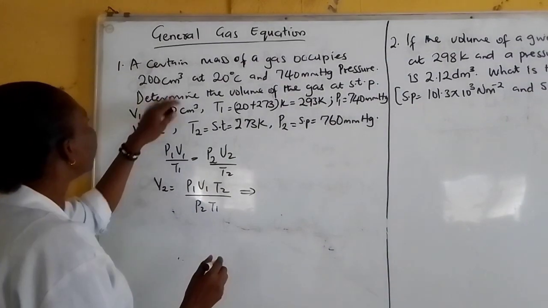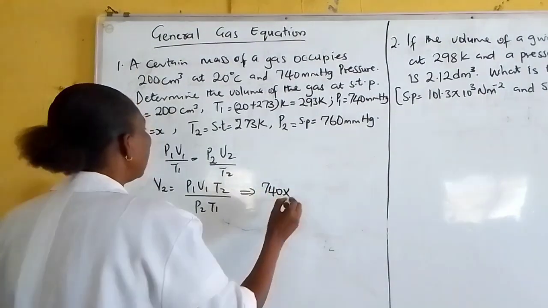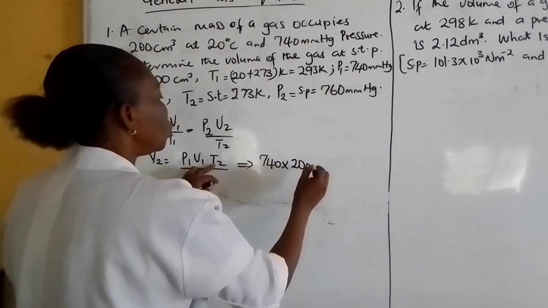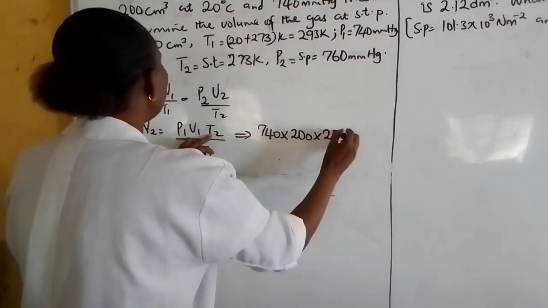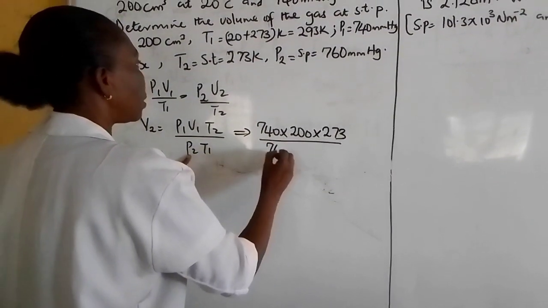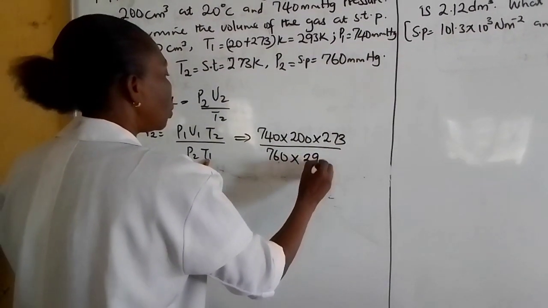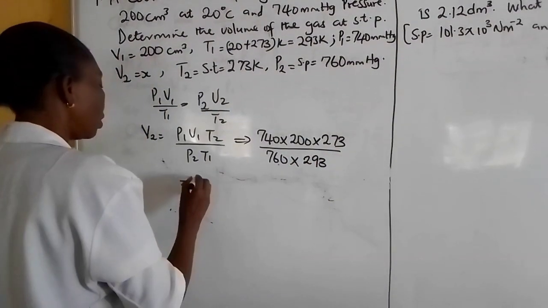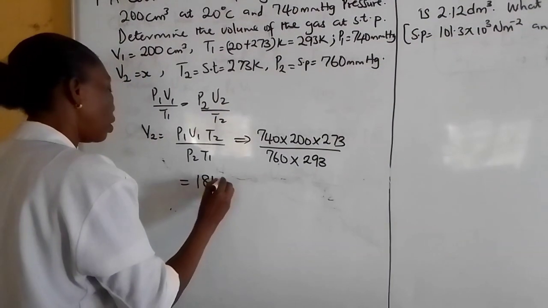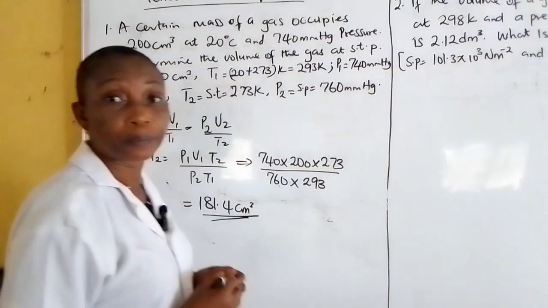Our P1 here is 740, our V1 is 200, and our T2 is 273, all divided by our P2, which is 760, times our T1, which is 293. That will give us 181.4 cm cube when you use your calculator.